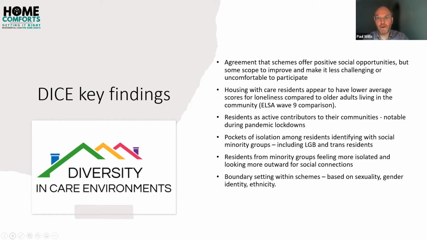And another positive finding across our 700 plus respondents is that housing with care residents appeared to have lower average scores for loneliness compared to older adults, adults of similar decades and generations living in the community. We found this out through comparing our survey findings with a longitudinal study that's been running for a long time called the English Longitudinal Study of Aging. So we used the same questions, the same measures, so we could draw some comparisons.